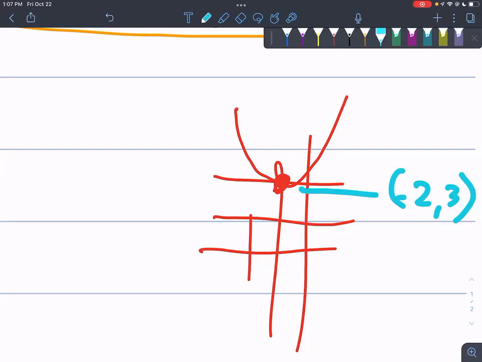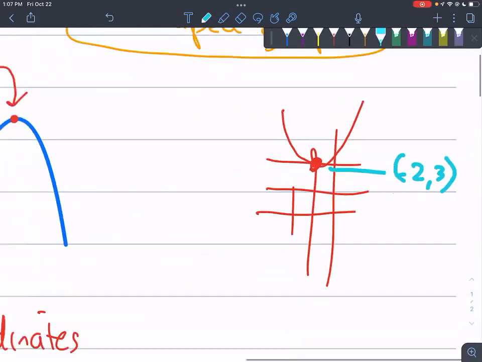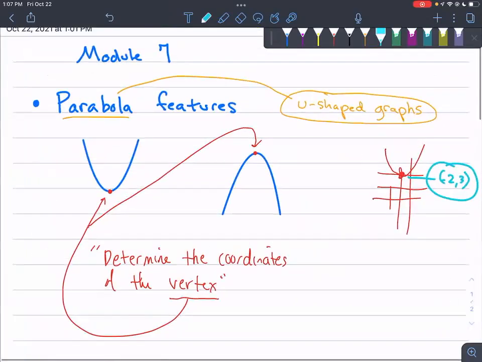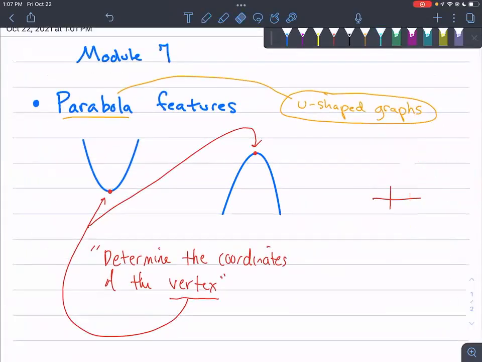Just recognize the vertex is that top point or the bottom point, the highest or the lowest point. And then you just have to tell them what that grid point is. So if anybody is not 100% confident with that, I can come around and help you when you get into it. So put that on there. Maybe that's -2, 3. So that section should hopefully be pretty easy for you.